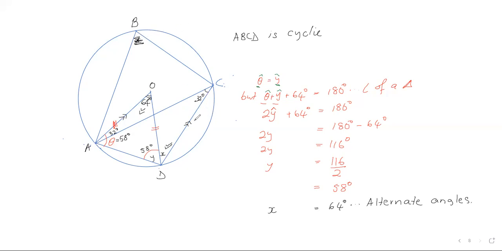Now, since we know the value of X and the value of Y, we know that angle B there, which is X, which is Z, angle B plus angle D must give us 180 degrees. And the reason is that they are opposite angles of a cyclic quad.